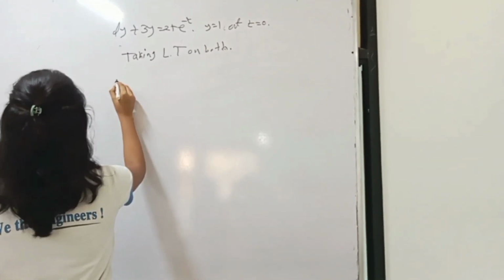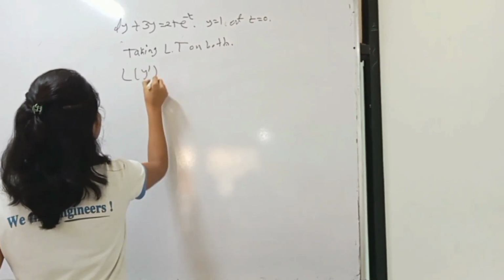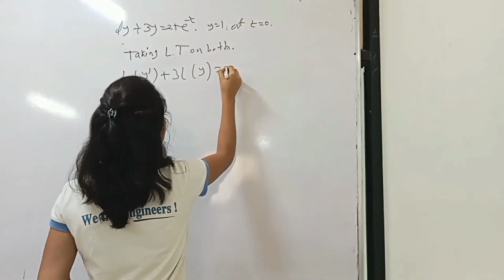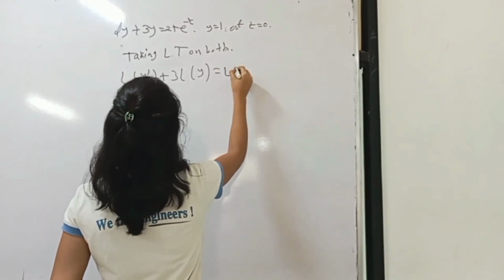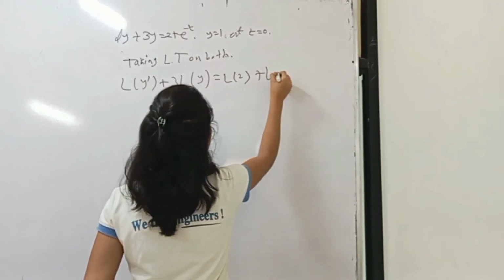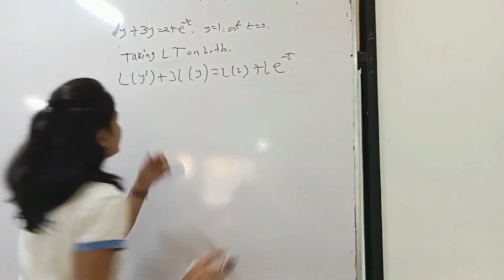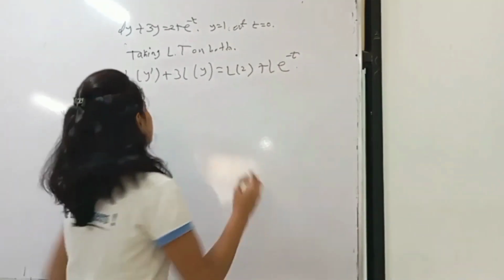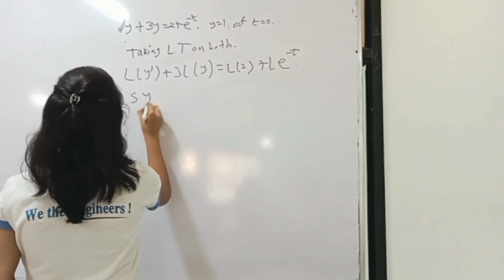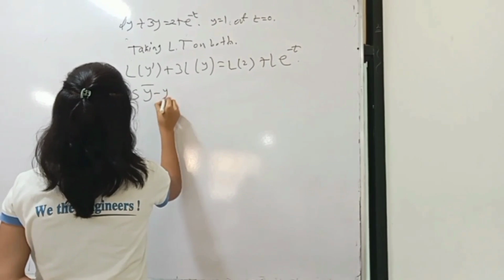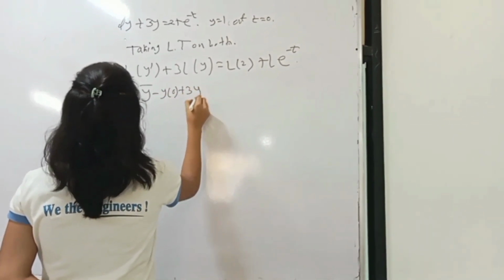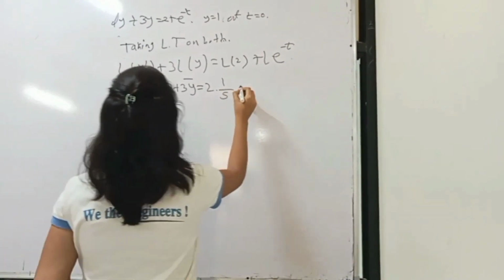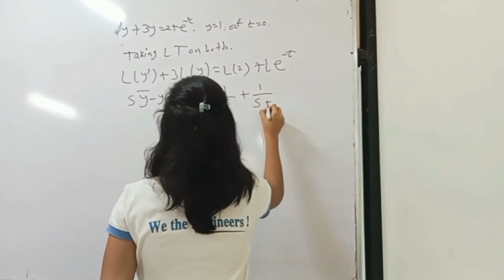Laplace of y' plus 3 Laplace of y is equal to Laplace of 2 plus Laplace of e raised to minus t. So Laplace of s Y minus y(0) plus 3Y is equal to 2 into 1 upon s plus 1 upon s plus 1.